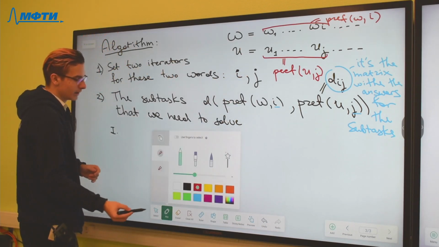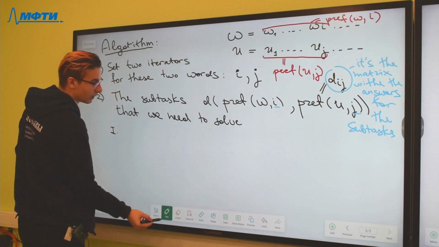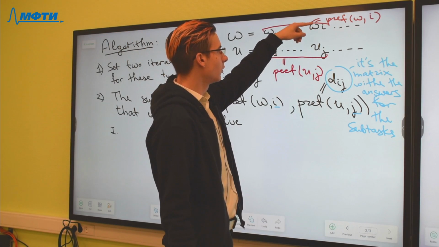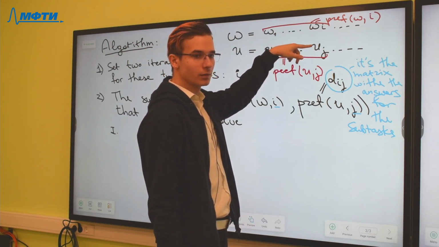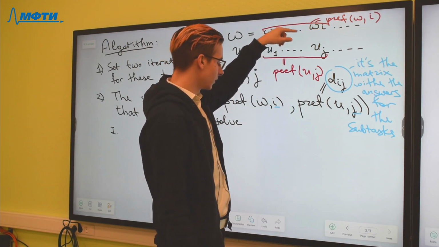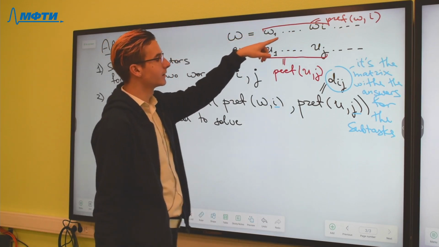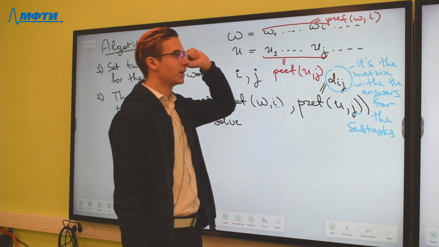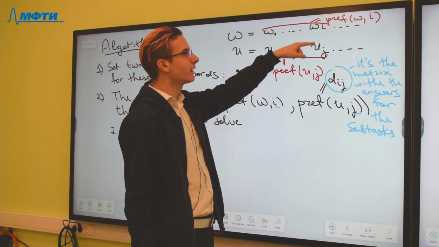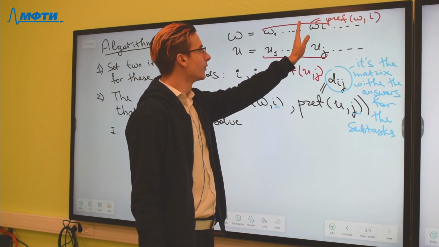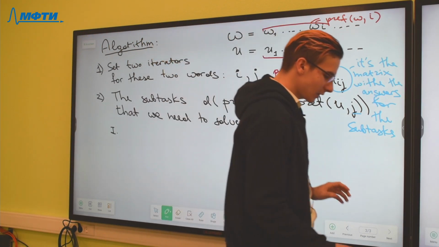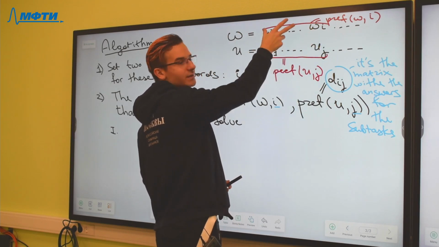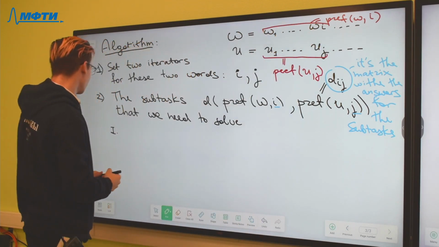We can add an empty character over this character, or we can add an empty character under this character and compare these two words. And if they're equal, we can close these two words by hand and compare these two prefixes.